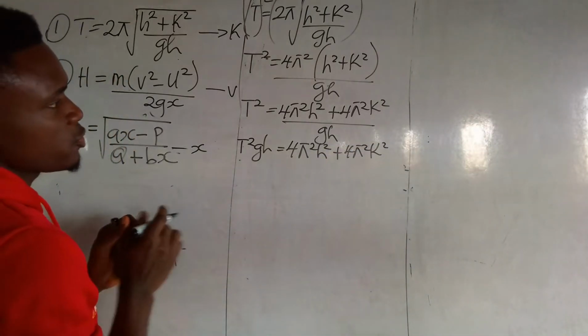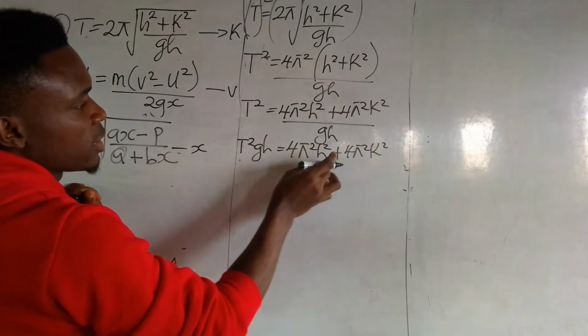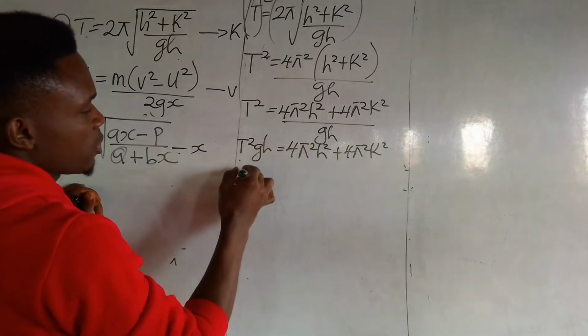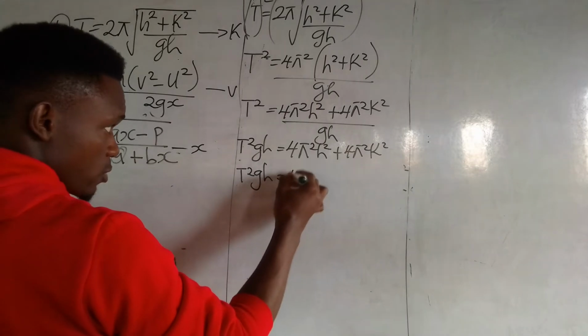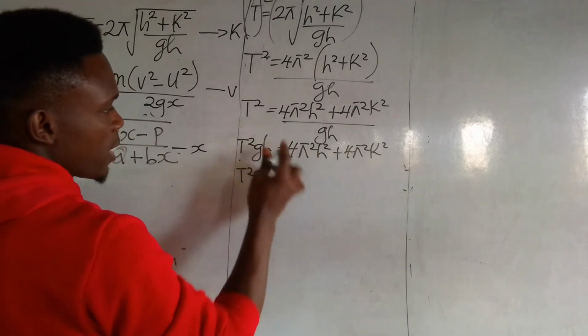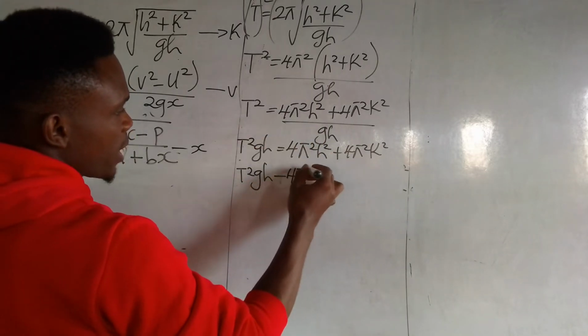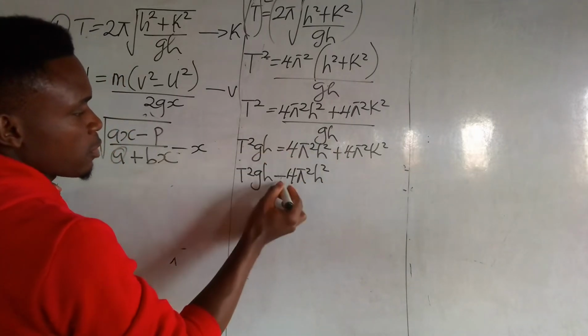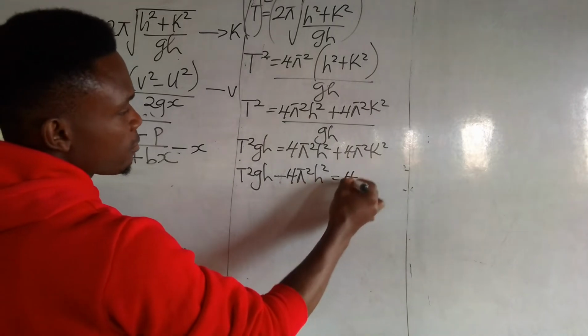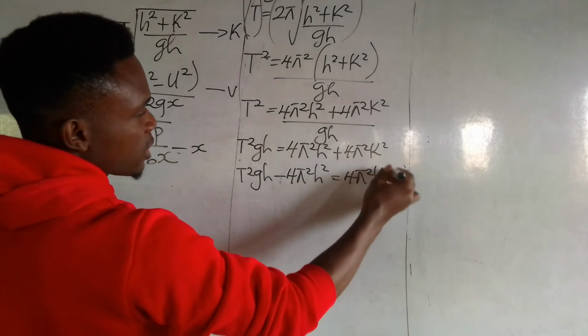Then, since you are making k the subject of the formula, this other entity will cross. It becomes k squared, T squared gh equals, minus 4 pi squared h squared. You know it was initially plus. Once it crosses, it becomes what? Minus. Equals 4 pi squared k squared.